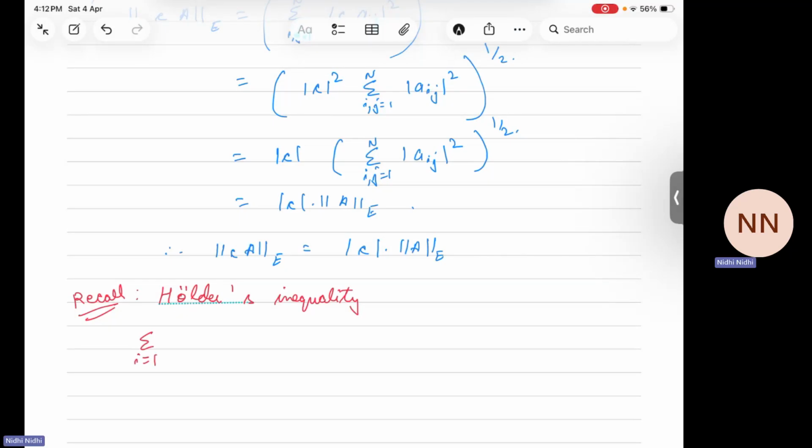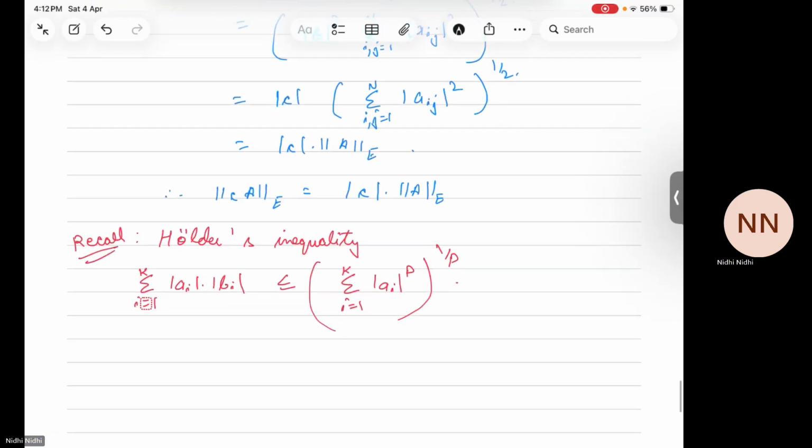the summation i from 1 to k of mod a_i times b_i is less than or equal to the summation i from 1 to k of mod a_i to the power p, whole to the power 1 by p, times the summation i from 1 to k of mod b_i to the power p prime, whole to the power 1 upon p prime, where p and p prime are such that 1 by p plus 1 by p prime is equal to 1.